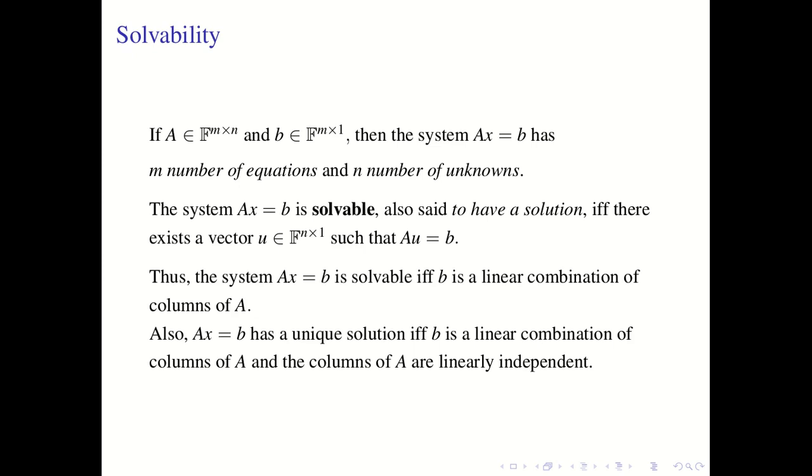If you take the entries of the vector u1 minus u2 as, let's say, alpha 1 up to alpha n, that means alpha 1 c1 plus etc. alpha n cn is 0, where c1, c2 up to cn are the columns of A, which means the columns are linearly dependent. So one can see that this has a unique solution if and only if the columns of A are linearly independent and b is a linear combination of columns of A.